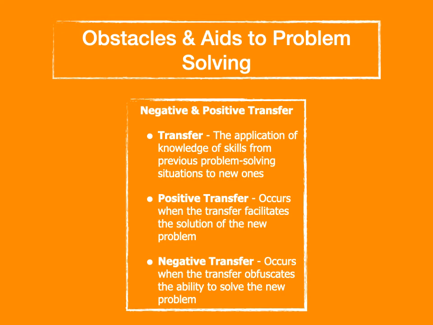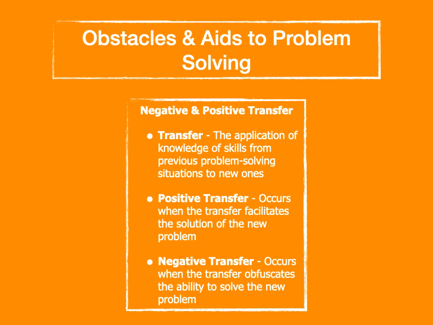So there are two types of transfer. Again, transfer is the application of knowledge or skills from previous problem solving situations to new ones. And there are positive transfers and negative transfers. Positive transfers occur when the transfer facilitates the solution of the new problem.